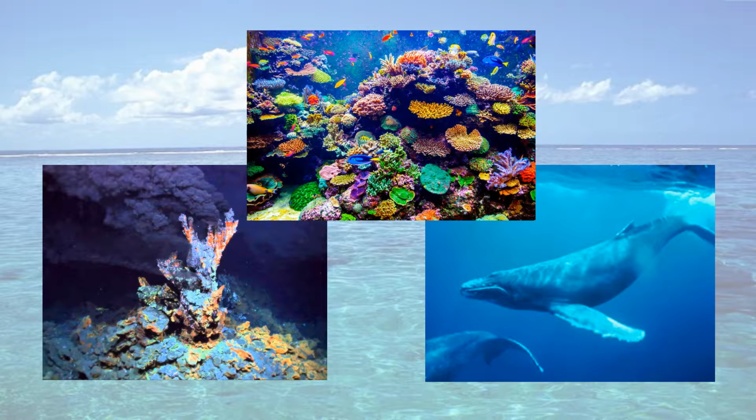And here's just a few examples of different ecosystems within the ocean. So here's coral reefs, a picture of a whale in the open ocean, and here's those hydrothermal vents. Some scientists believe that life started independently at those hydrothermal vents. They believe that because there was no sunlight able to get there, and life still exists there.